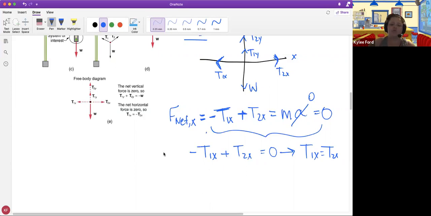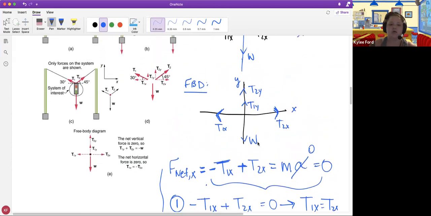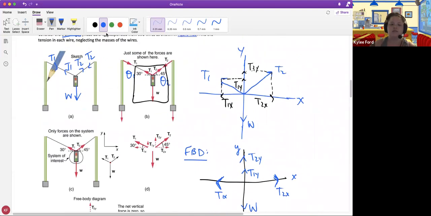Okay. And we can actually simplify it further. Okay. So because we're looking at the X direction, we can pull these components out. So remember that we had some angles here, theta 1 and theta 2. I'm going to go ahead and add those here, theta 2 and theta 1.